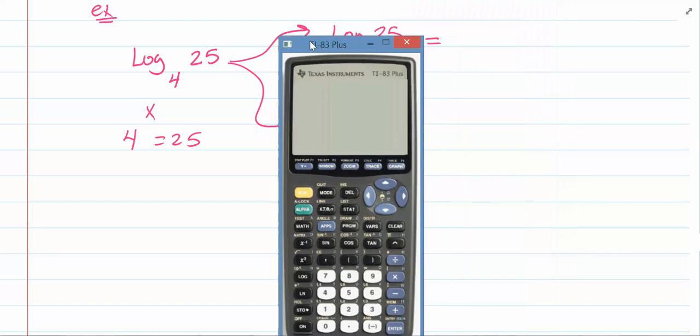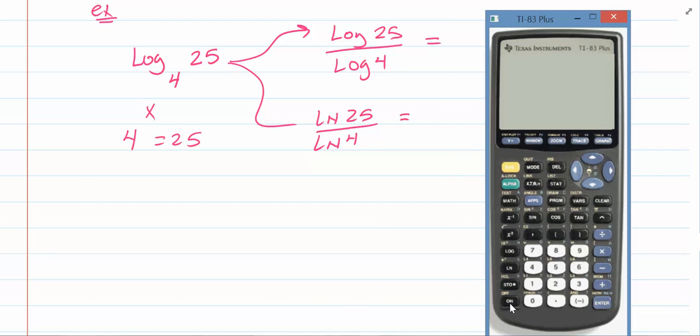I had log 25 divided by log 4, and that gave me 2.32, or natural log 25 divided by natural log 4, that also gave me 2.32. Which makes sense because we said our answer needed to be between 2 and 3.